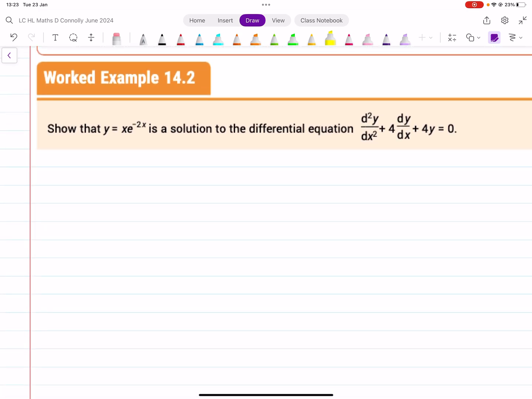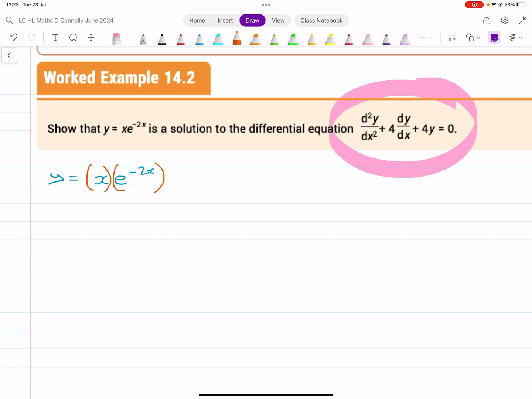Differential equations is essentially where they give you an equation like this one, and the equation contains derivatives that you then have to sub in. So y is x e to the minus 2x. So this is a product. u is x and v is e to the minus 2x.